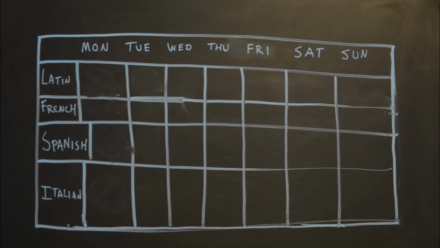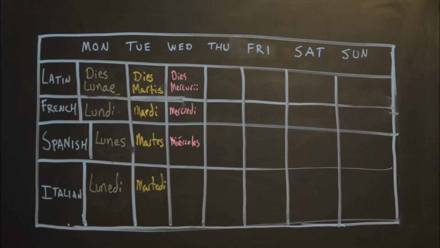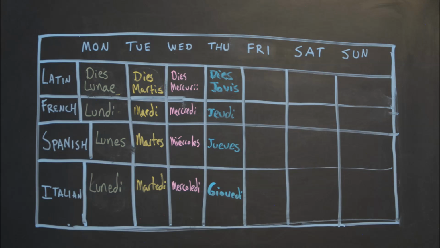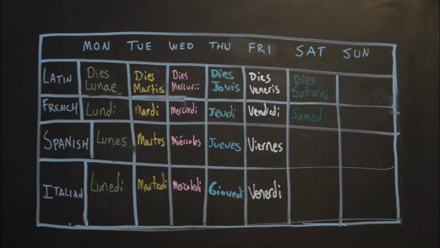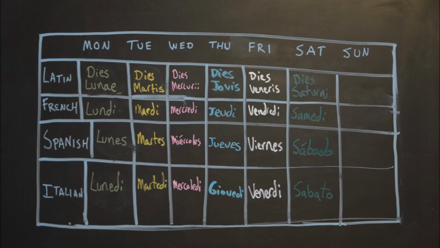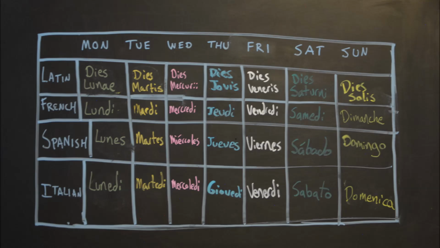With apologies to Jonathan Goldstein: Monday, dies lunae, lundi, lunes, lunedì; Tuesday, dies martis, mardi, martes, martedì; Wednesday, dies mercurii, mercredi, miércoles, mercoledì; Thursday, dies jovis, jeudi, jueves, giovedì; Friday, dies veneris, vendredi, viernes, venerdì; Saturday, dies Saturni, samedi, sábado, sabato; Sunday, dies solis, dimanche, domingo, domenica. You can see with the exception of Saturday and Sunday, it all lines up in these Romance languages.